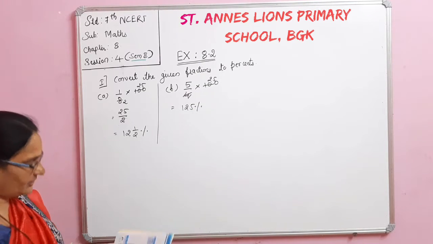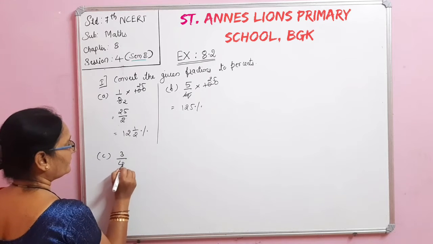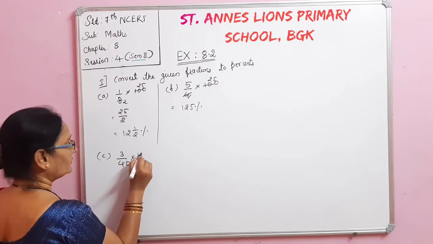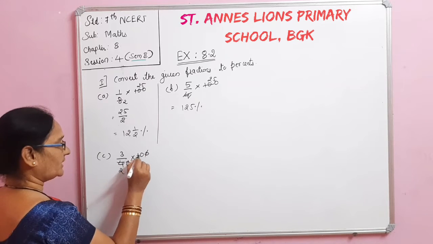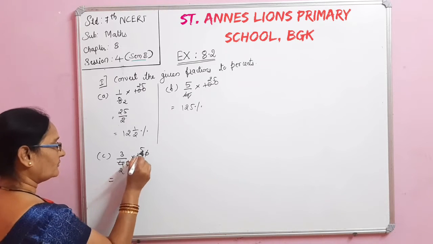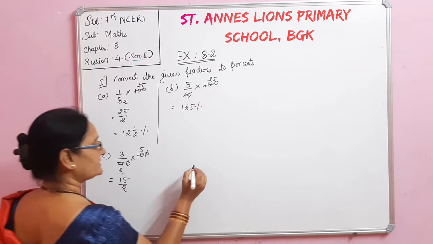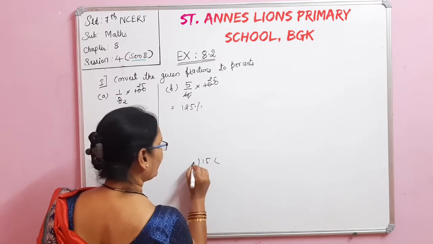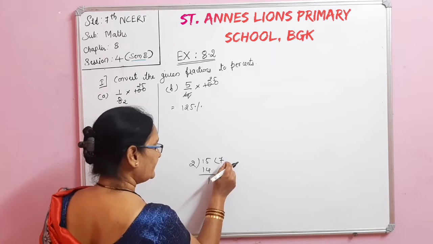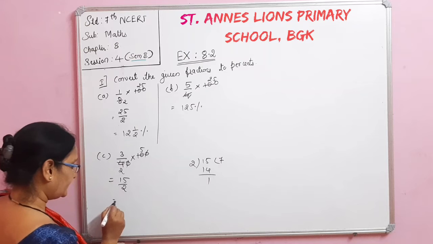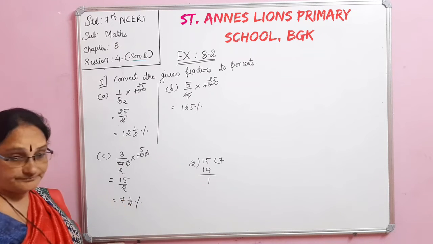Now the same way, 3 by 40. 3 by 40 into 100. The zeros got cancelled. 2 twos are 2, 5 twos are... Now 5 threes are 15 by 2. Again you divide it here. 15 divided by 2: 2 sevens are 14, 1 remains. 7 integer 1 by 2. This is nothing but 7 integer 1 by 2%.